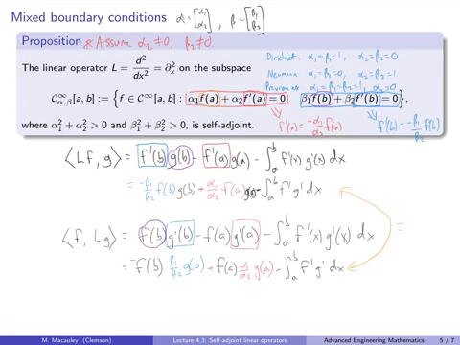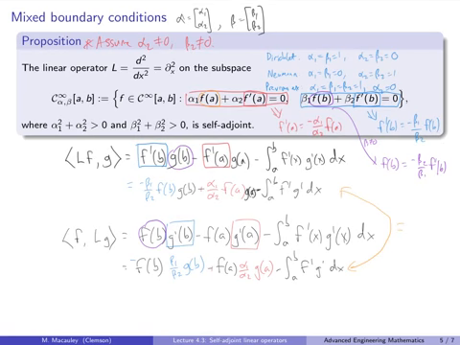It would have been negative beta 2 over beta 1 times f prime of b. So let me show you that. If beta 1 is non-zero, then we can say that f of b equals negative beta 2 over beta 1 f prime of b. So then we could have eliminated the f of b's and the g of b's.